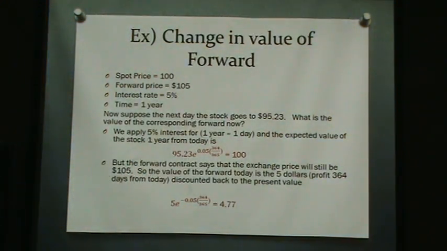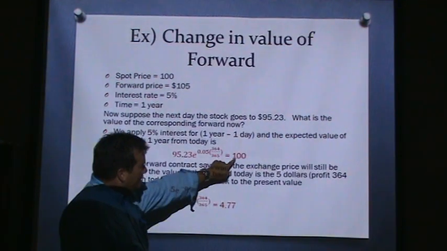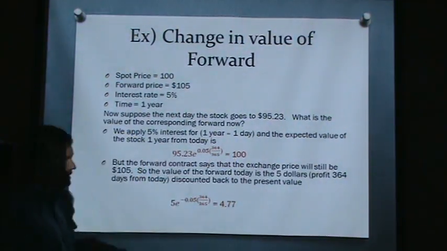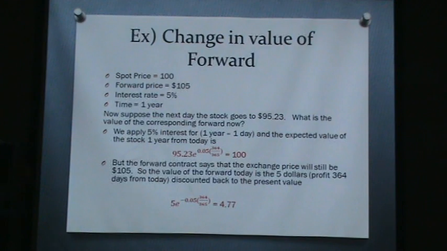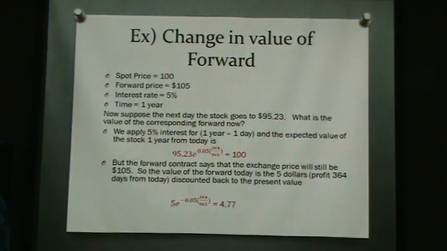Otherwise, people start borrowing money and buying stock, or doing the reverse of that, which is selling stock and then putting the money in the bank and letting time tick. So with the expectation that the stock will, at the end of the year, be at 100, it is expected that the buyer will lose $5 because they have to buy it for 105 and it's only worth 100.